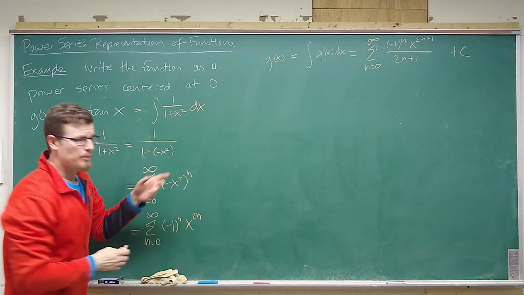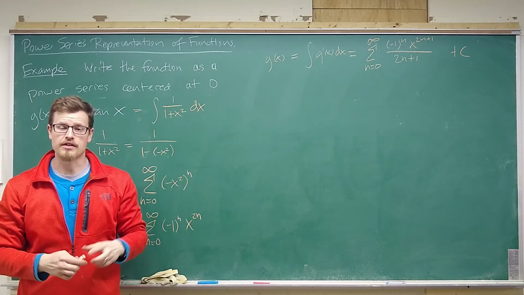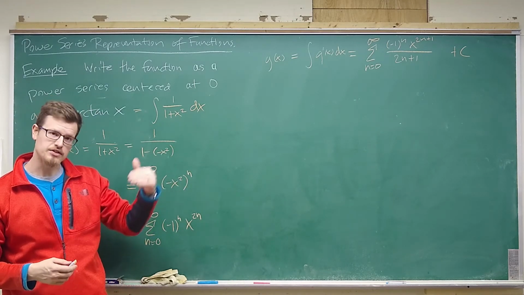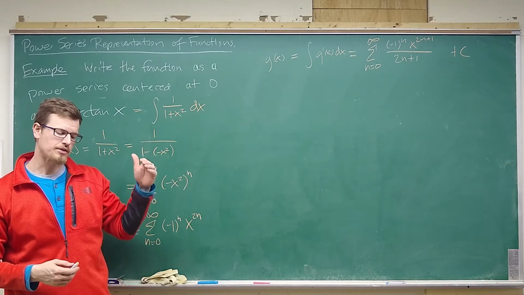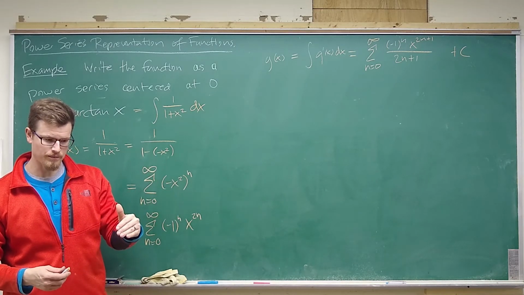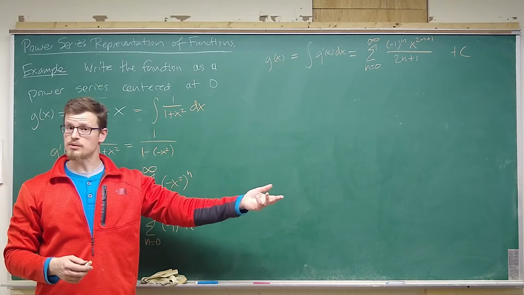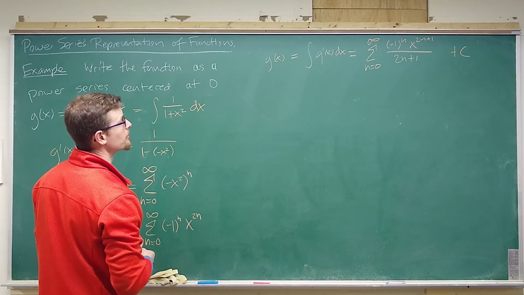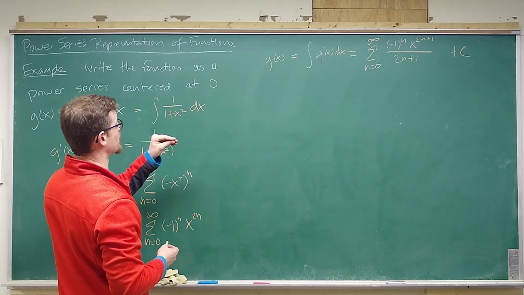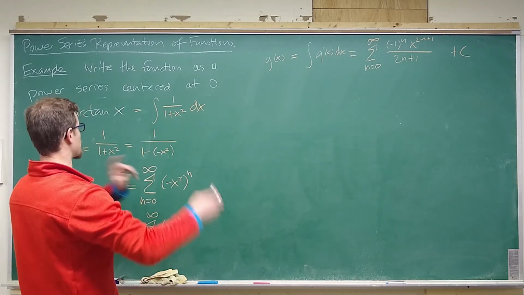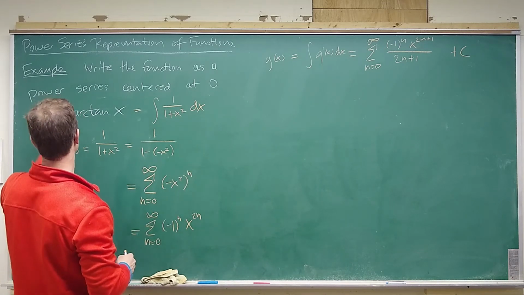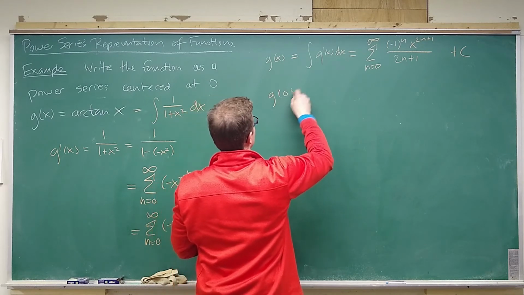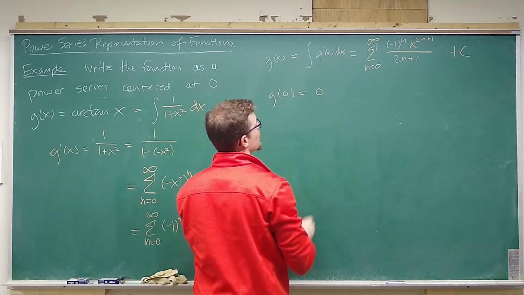And let's see, we want to think about values of the arctangent that we know. And the arctangent, right, tangent is sine over cosine. So the arctangent of 0 is when tangent is equal to 0, and that would be when sine is equal to 0. So again, our angle there would be 0. So we get that g of 0 should be 0.